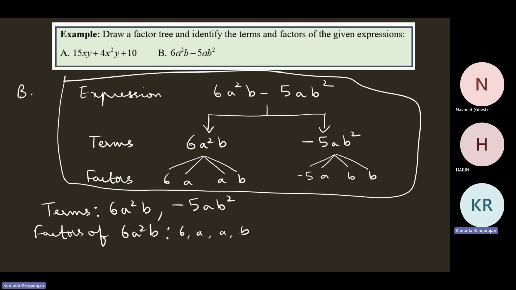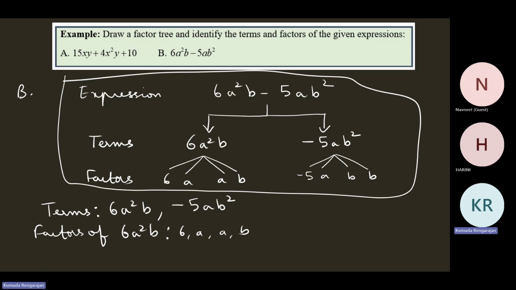If the question is draw a factor tree, whatever you see in the box, you must show. Then identify the terms. So you should write the terms below.